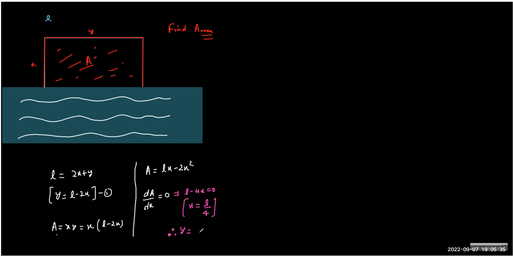What is y? L by 2. Very good. So now you know x, you know y. What is the area? The maximum area? So what is the maximum area? Come on. What is the maximum area? L squared by 8.